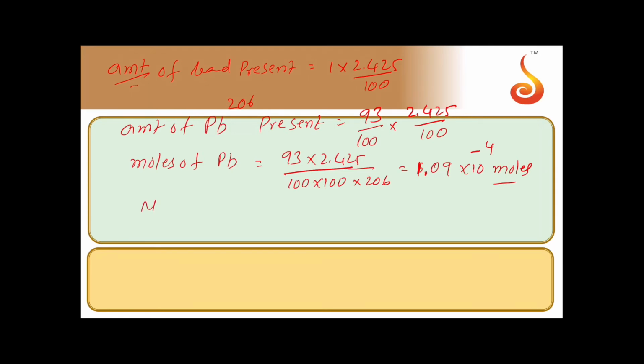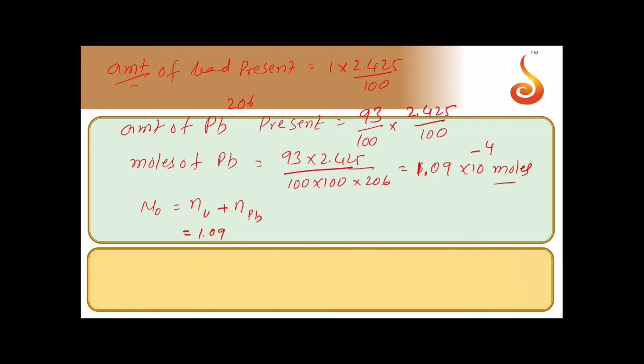Now N0 is equal to N(U) plus N(Pb), where N(U) is the previous value.